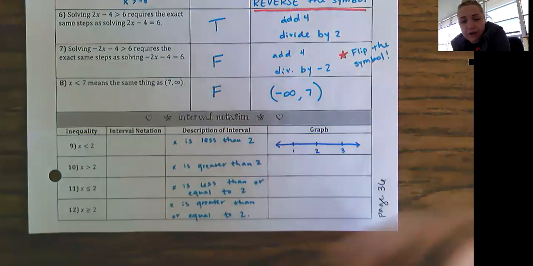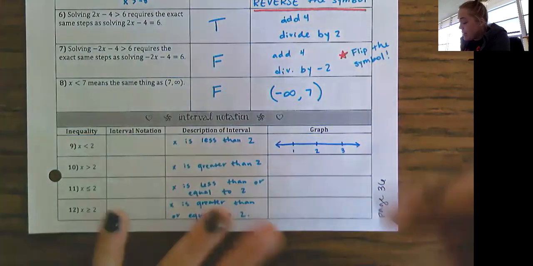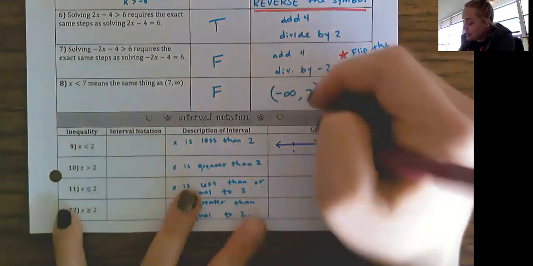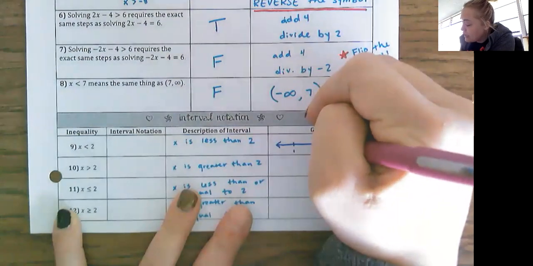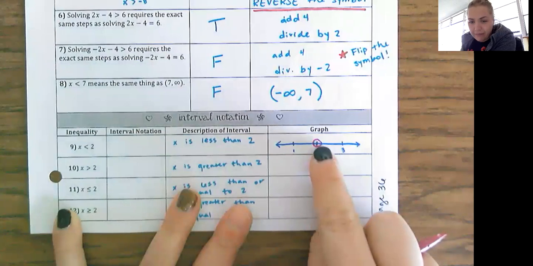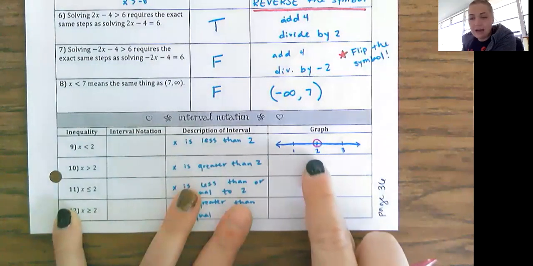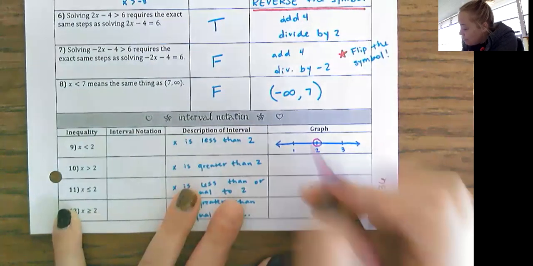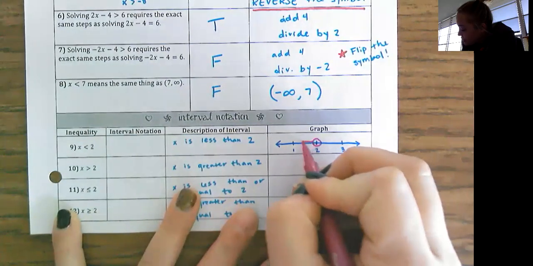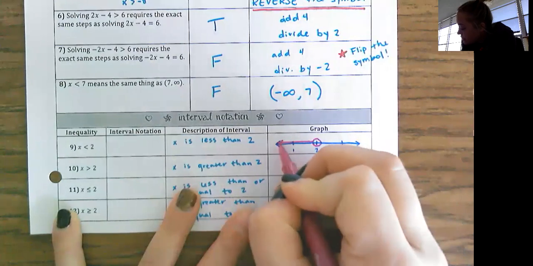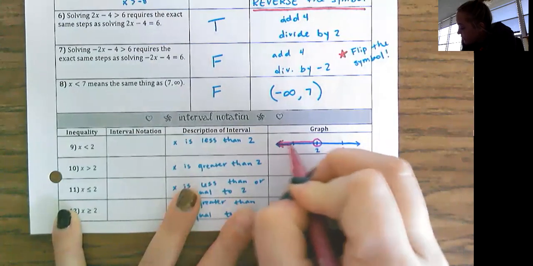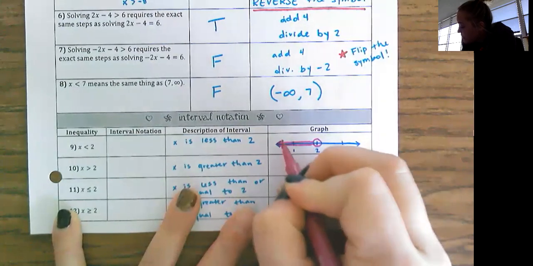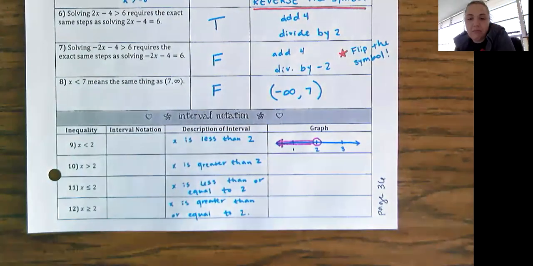So everything lower than 2 is going to be a part of our solution, but 2 itself is not part of the solution. So what you saw in 7th grade, you draw a circle there, because you're saying we do not have a solution at 2. You cannot fill in the solution at 2, but you can fill in all the solution that is lower than 2, which is why we usually shade there. And we fill in our arrow going toward the left underneath the 2.